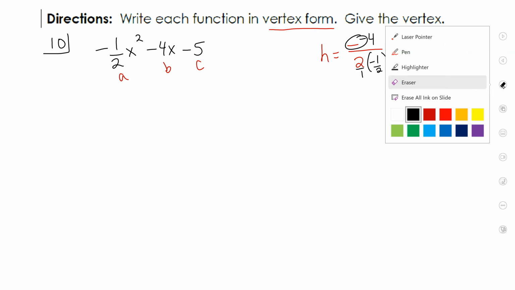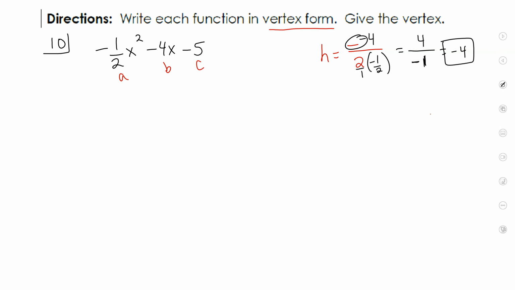We're just going to plug that in. So I'm going to plug this into my original equation here. I'm just going to erase this x, erase this x, and plug in a -4. So -4's will go in here. All right, so -4 squared is 16. And what's half of 16? 8.